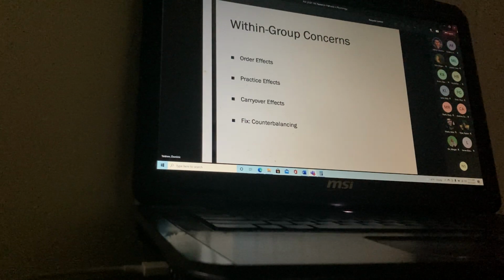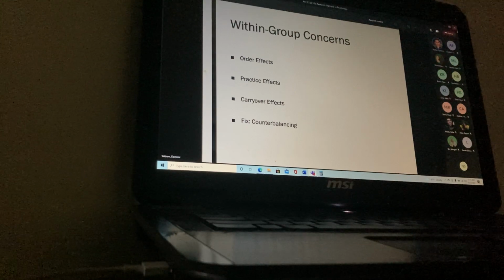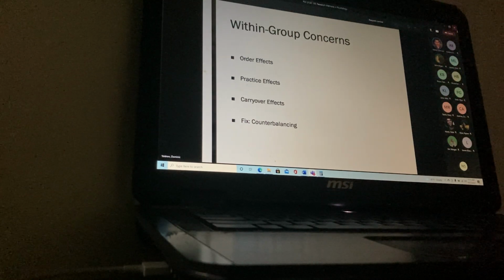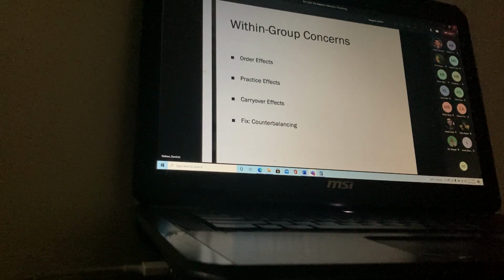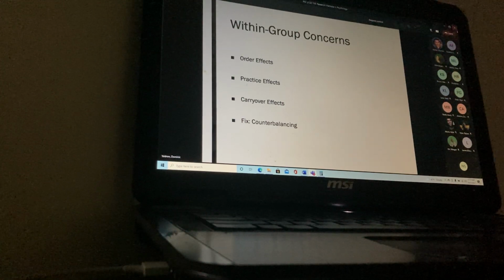A carryover effect is when the effects of one level of the manipulation linger when that person is exposed to the other level. So imagine if we again give the real stimulation first, and then they come back in three weeks later for the sham, but they're still benefiting from the first exposure.